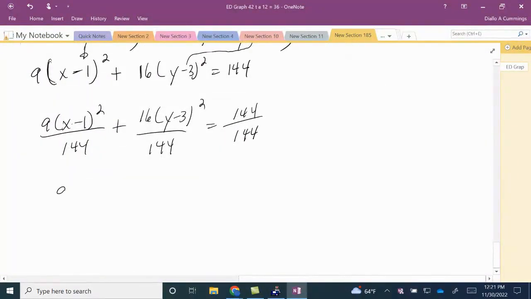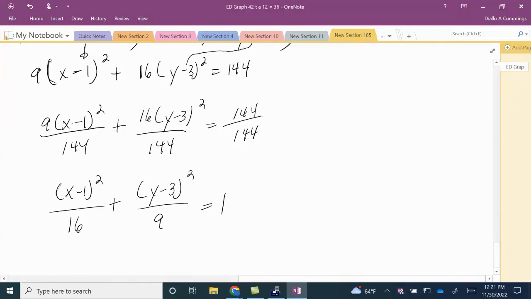So now if we reduce, 9 divided by 144 is 1 over 16. So we have x minus 1 squared divided by 16 plus y minus 3 squared divided by 9 is equal to 1.